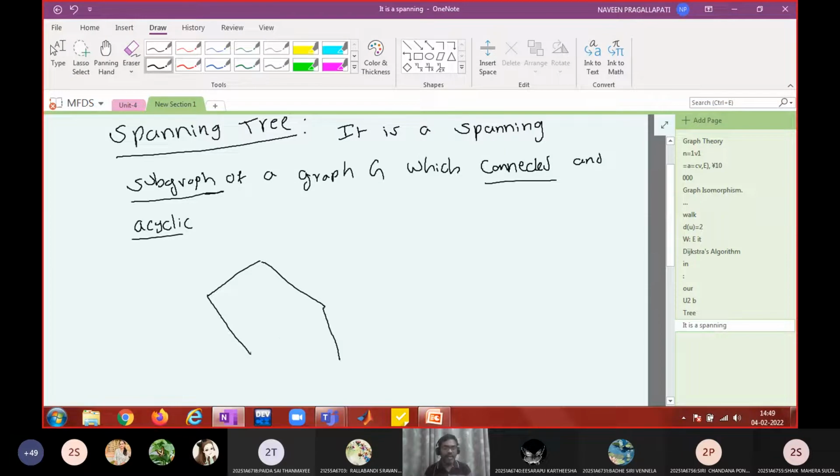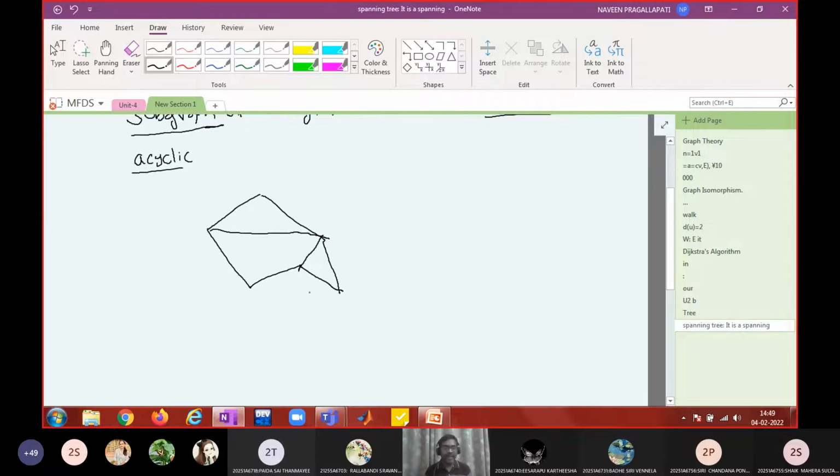So if I give a graph like this, how do we find the spanning tree? Is there any spanning tree from this? How many vertices are there? 1, 2, 3, 4, 5, 6. Can we have a spanning tree from this?